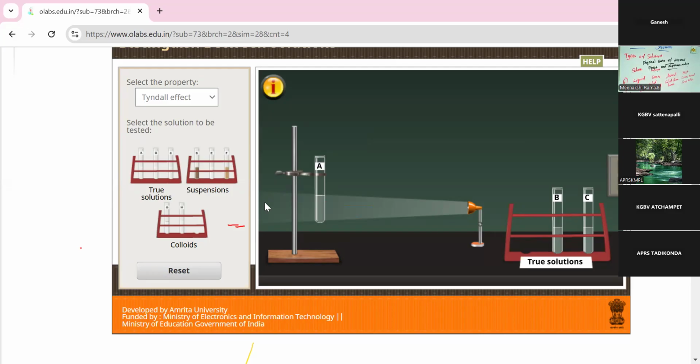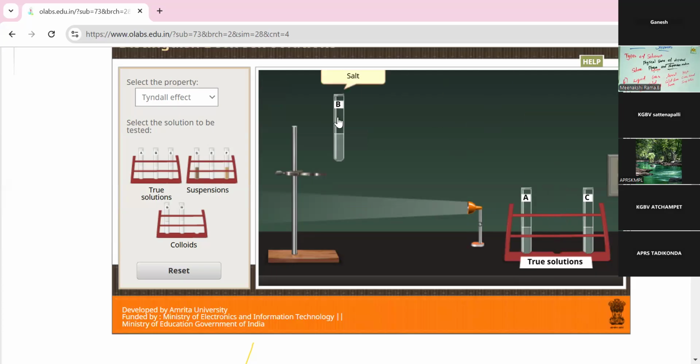The Tyndall effect means when the light is focused into the solution, does the path of the beam become visible or not? It's not visible. So, this is the true solution. So, the true solution confirmation is whether the light passed through the test tube is visible or not. And then the second one, salt solution, the same kind.